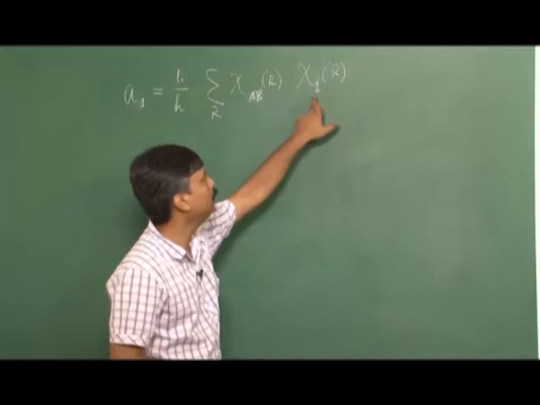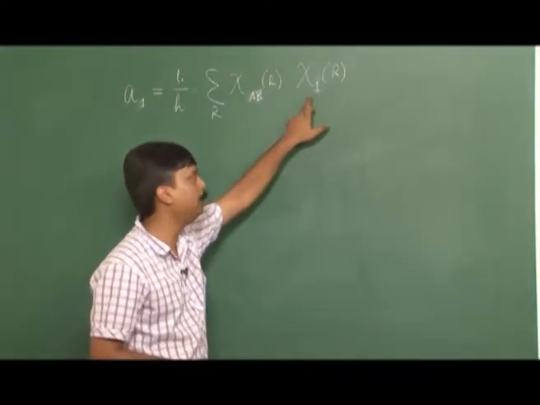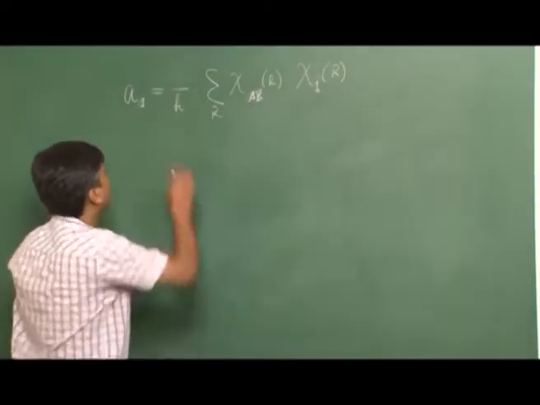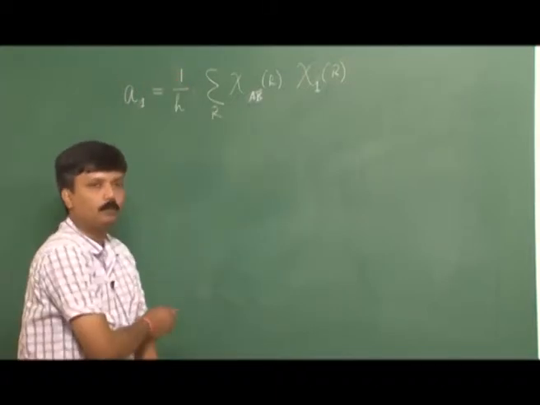Now, this is a one dimensional irreducible representation, so I can write here clearly 1, fine.